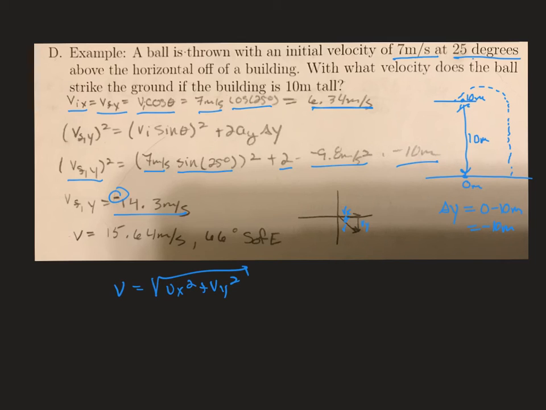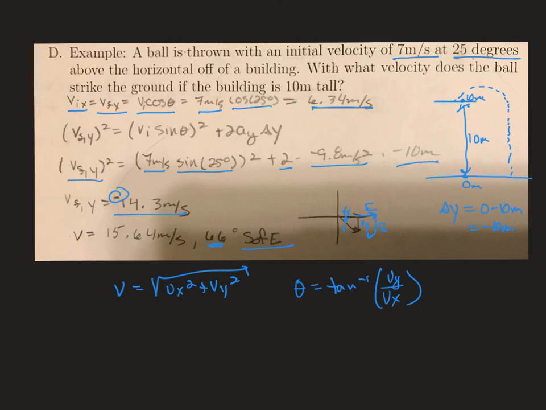So we're looking at so many degrees below the positive x-axis, which would be the fourth quadrant. And we're going to use inverse tangent of vy over vx, which is how I got the 66 degrees, and I'm saying south of east because we're pointing east and sweeping south. So this is east, this is sweeping south.